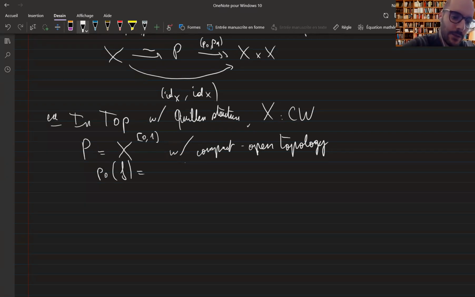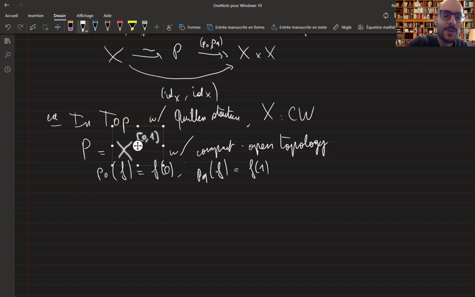P0 of f is f of 0, P1 of f is f of 1. Sorry, I should have said this notation means the set of all maps from the interval to X.